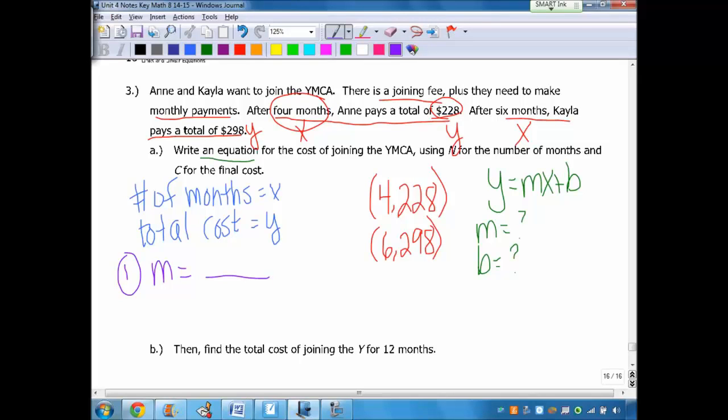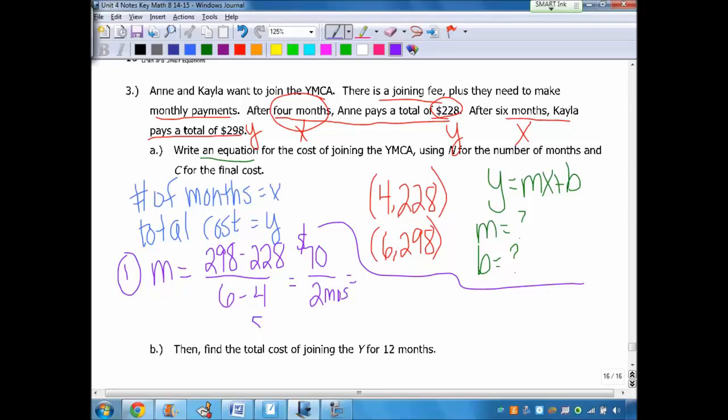In this problem, 298 is your y2 minus 228 is your y1, all over 6 minus 4. Well, 298 minus 228 is 70, 6 minus 4 is 2, but this is $70 for 2 months, which means that your slope or your rate of change is $35 per month, because all you have to do is divide 70 by 2.